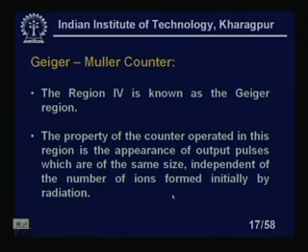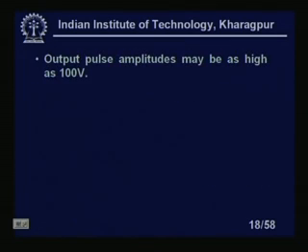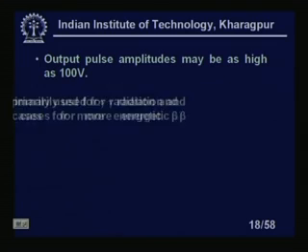The property of the counter operated in this region is the appearance of output pulses which are of the same size, independent of the number of ions formed initially by the radiation. Output pulse amplitude may be as high as 100 volts, so it is quite high and I do not need any further amplification.